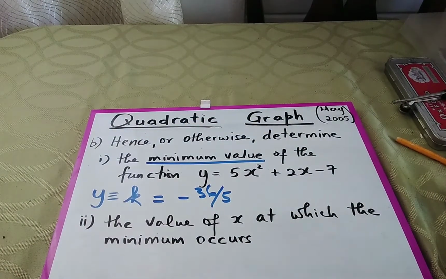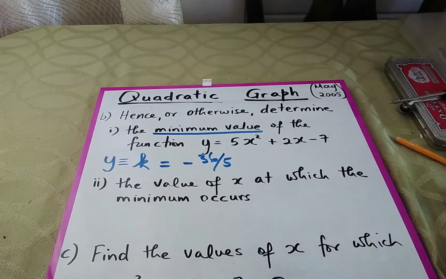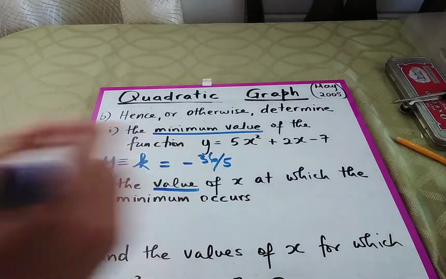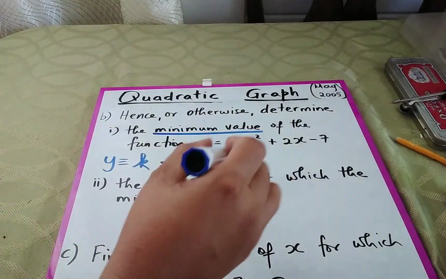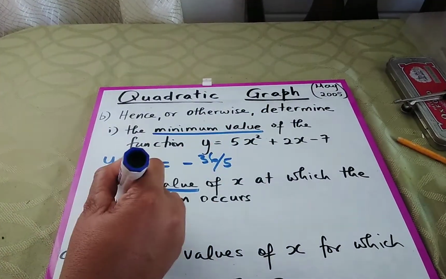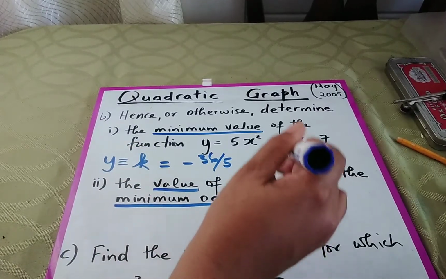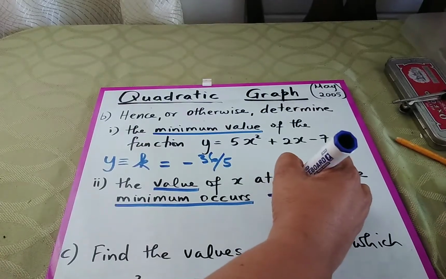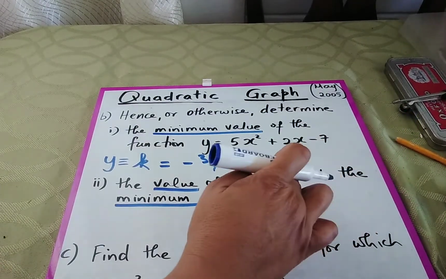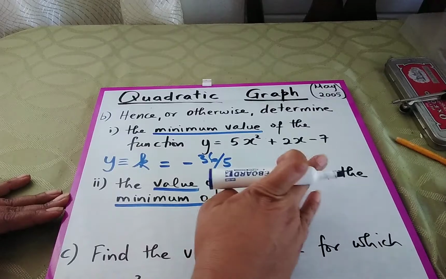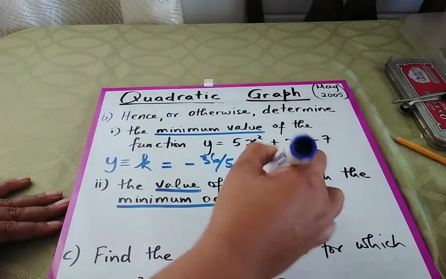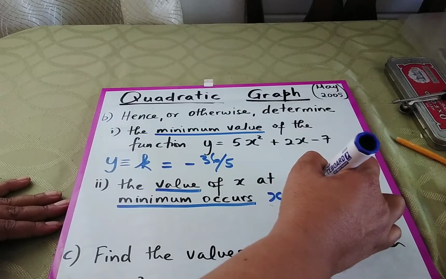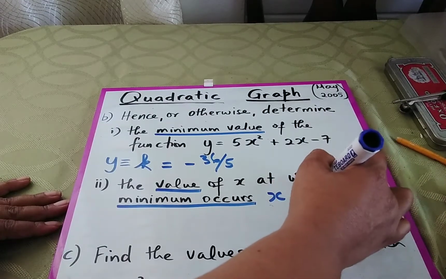And then it says the value of x at which the minimum occurs. Notice it did not say values, so it's not the roots you're trying to find. Once it mentions the value of x at which the minimum occurs, it means you're talking about the minus h value. Just like what I laid out here, the x value is the same thing as the minus h value.